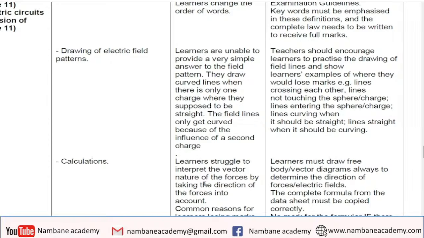And we know if we have positive and negative, into the negative, the field lines must bend in. But for a positive charge, they must bend outwards. And then only those that are directly opposite the charges will be straight.